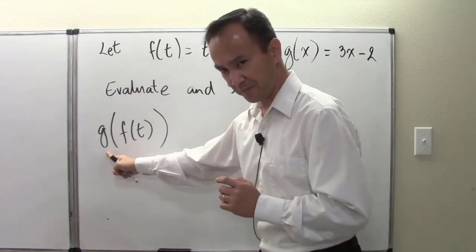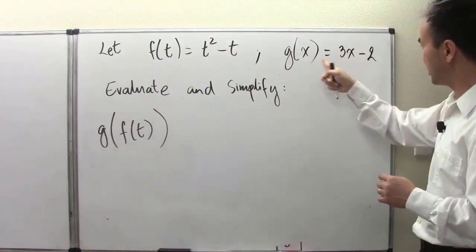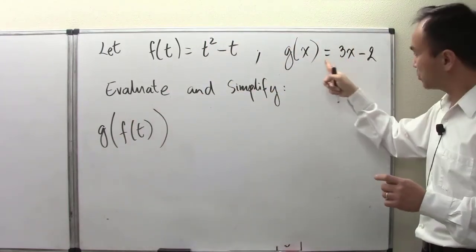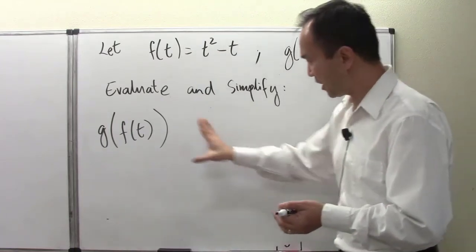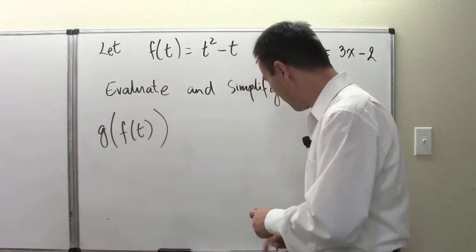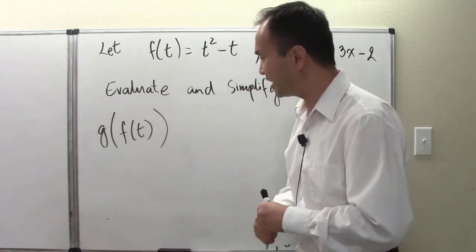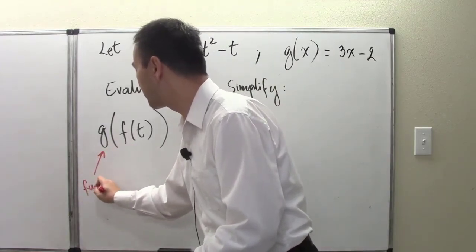G is a function that was previously defined. The rule for g here is 3x minus 2: 3 times the input, minus 2. So in this notation, what do I see? Primarily, g here is the function.